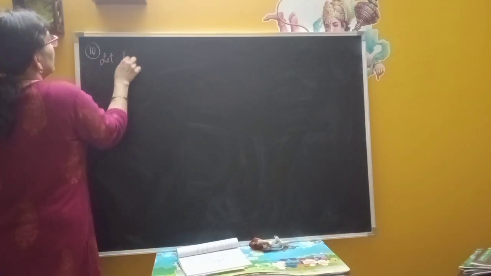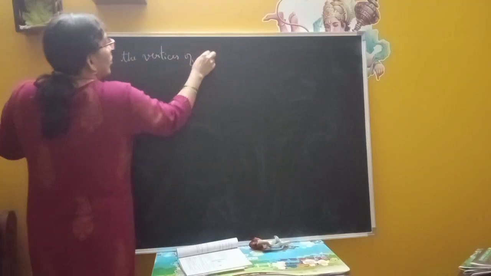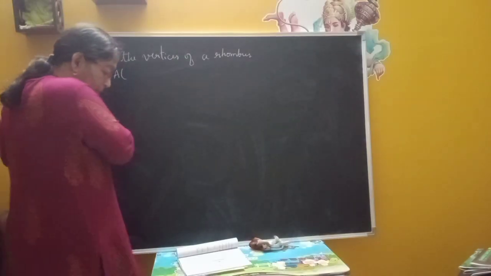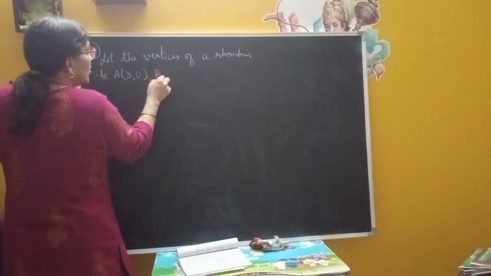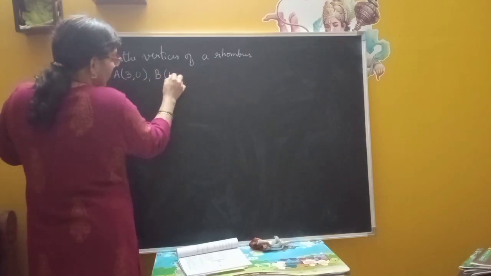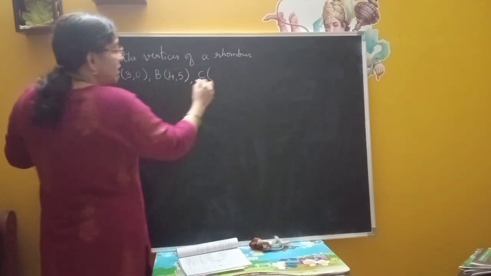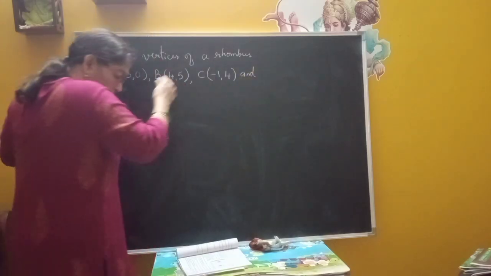Let the vertices of a rhombus be A (3, 0), B (4, 5), C (-1, 4) and D (-2, -1).